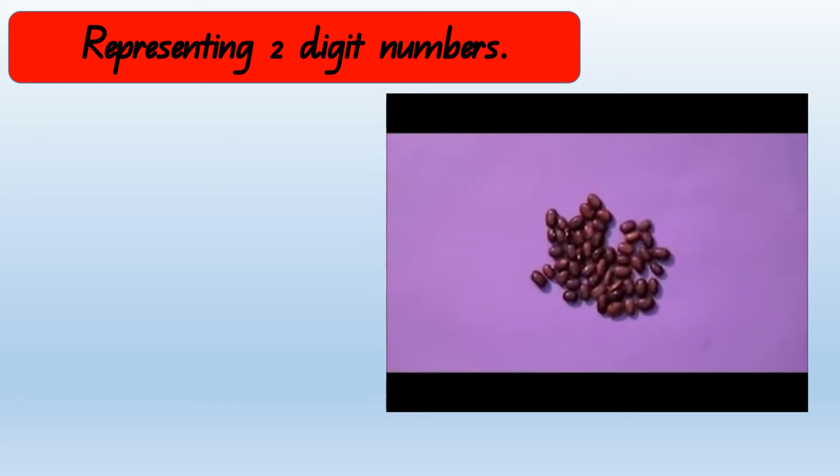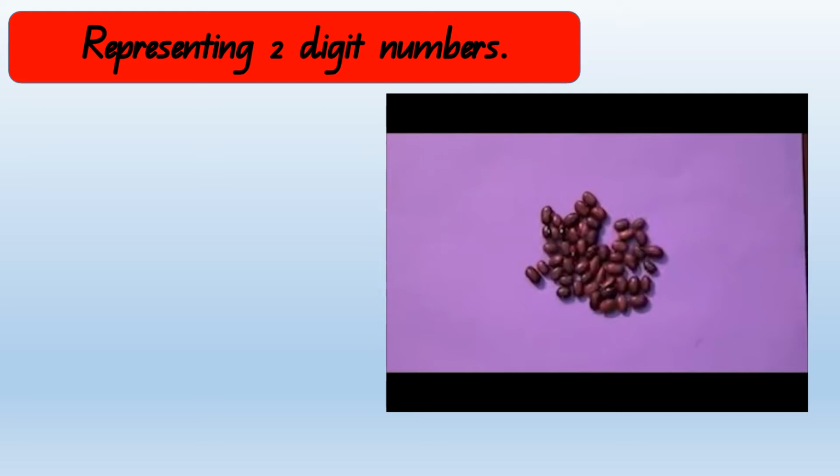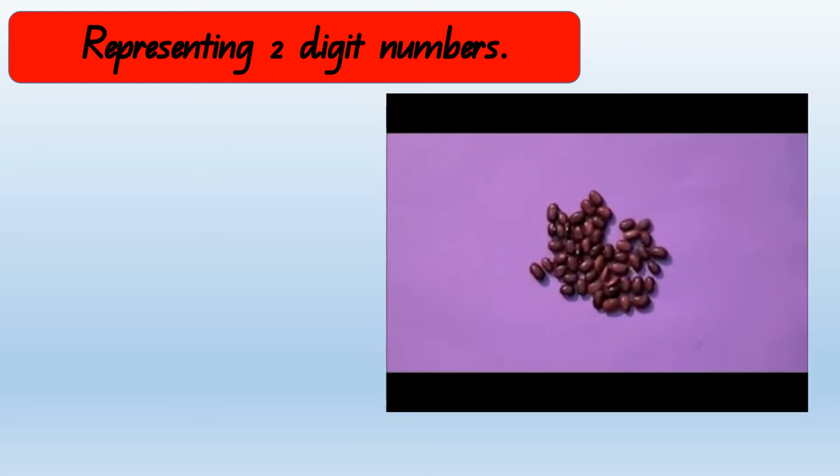Here are 52 beans. Is it easy to tell there are 52 in this collection? I don't think so. So I'm going to break up the collection into parts. This is called partitioning. I will bundle the collection into groups of 10.